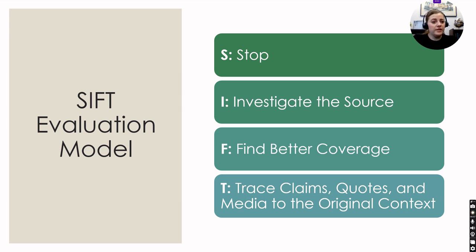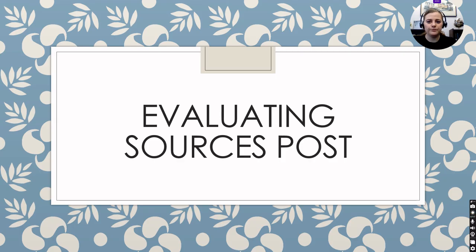Either of these models is really good and useful. Some people like SIFT, some people like the CRAP or the proven model. It's all up to you. There is no right or wrong answer when you're evaluating these. But please note that for the assignment, we do have worksheets as well as those additional videos to help you dive into your pieces of information.